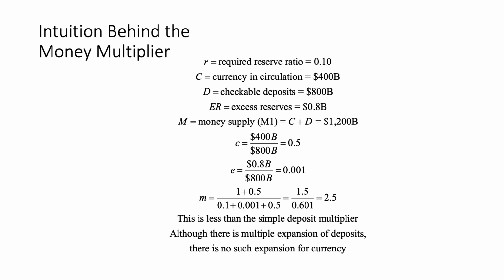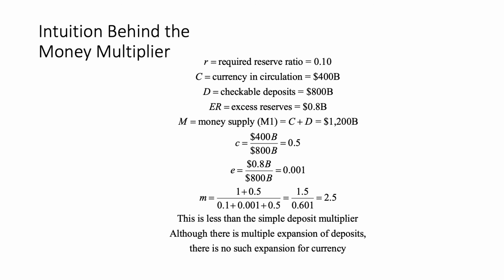We can now use these because we've got little r, the required reserve ratio, the currency ratio, and the excess reserve ratio to calculate the money multiplier, since we've already solved for it. Flushing out the math on that, we see that the money multiplier is 2.5.